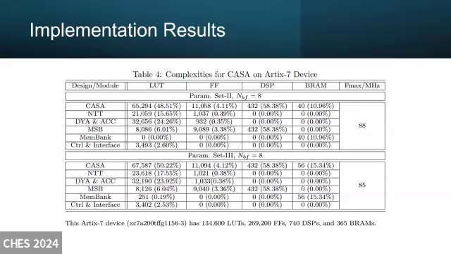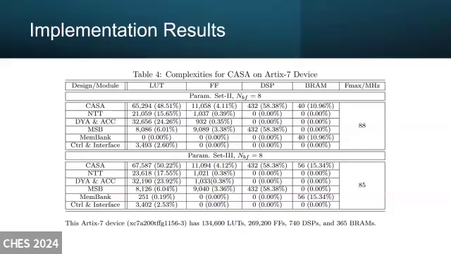How about Artix-7? Artix-7 is usually considered a resource-constrained FPGA device. It's not considered a nice platform for fully homomorphic implementation or acceleration. But somehow the proposed accelerator can still operate on Artix-7 devices. I think this is the first implementation in the literature.